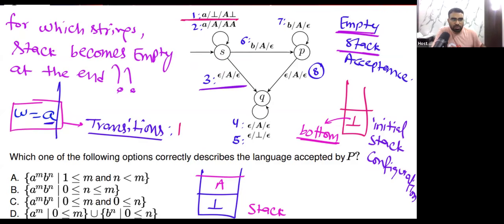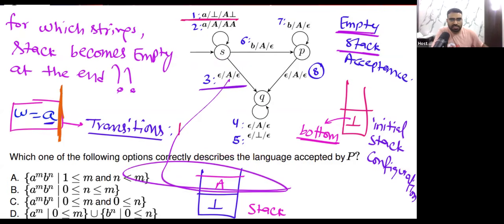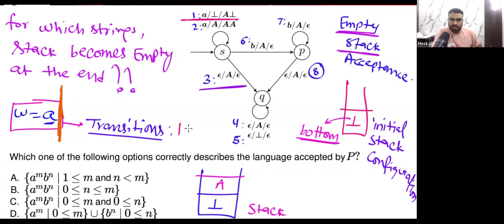Without reading any symbol, if on top of the stack there is A, yes, there is A on top of the stack, then you pop it. So you take transition 3, and now this A will be gone.